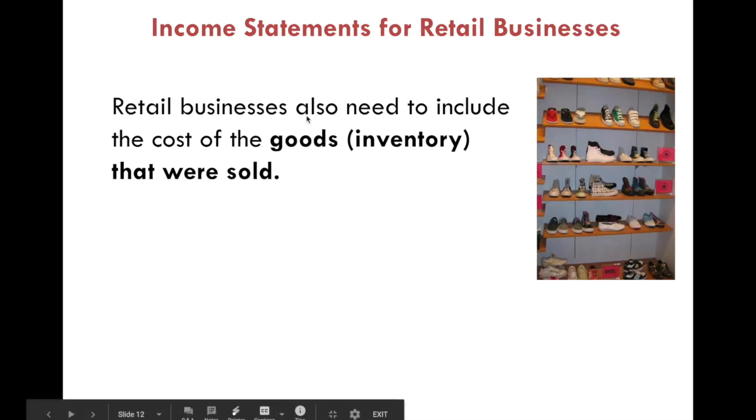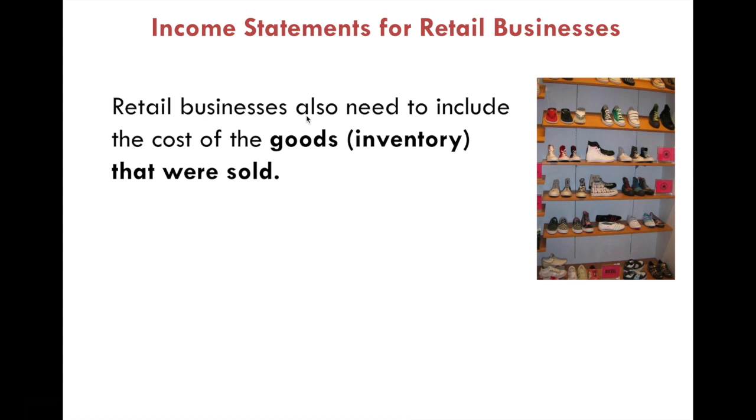Alright, so retail businesses have to deal with a new type of cost. It's called the cost of goods sold. So there's a new section in the expenses section of the income statement, and it's called costs of goods sold. And it means exactly what it sounds like it means. It's the cost, basically, of the inventory.